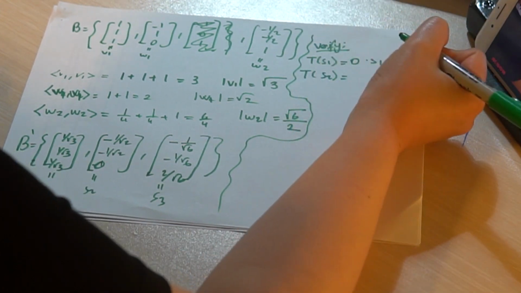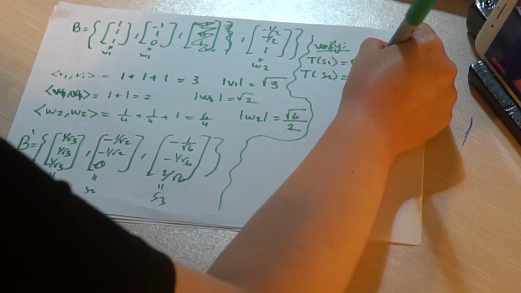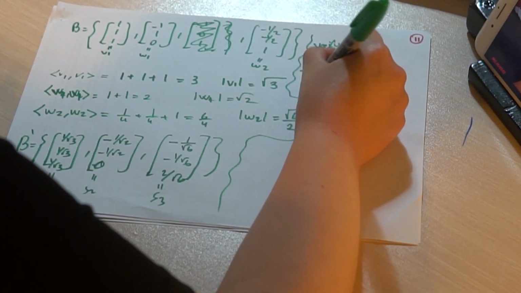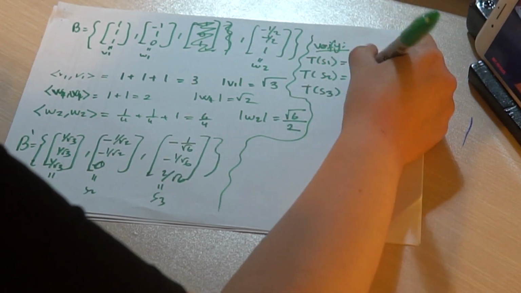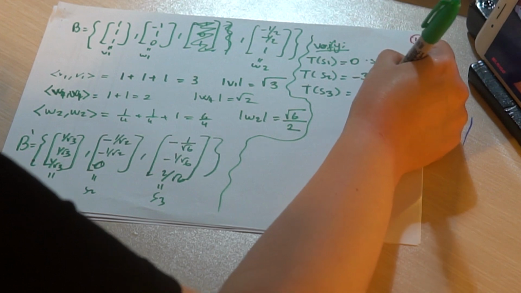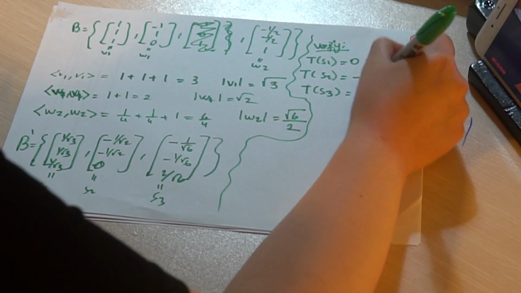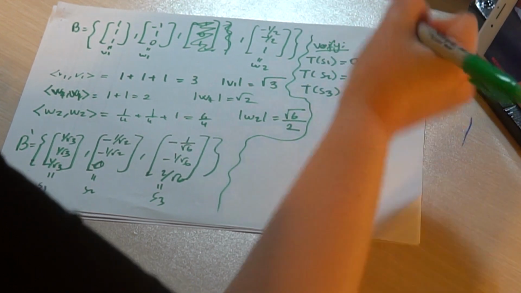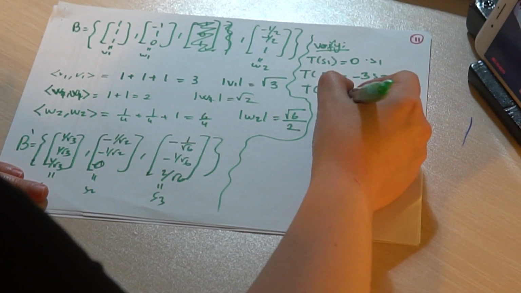TS2 will be equal to minus 3 times S2, and TS3 will be equal to minus 3 times, sorry, this is S2, this is S3.